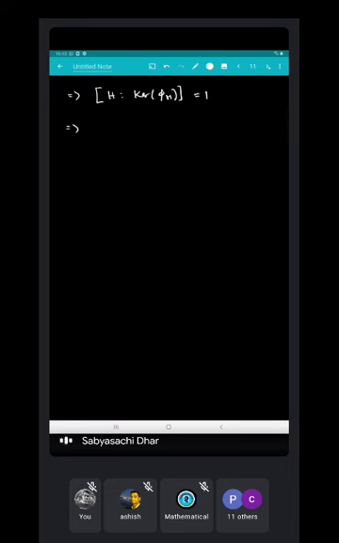So this implies that the kernel of phi_H is equal to H, and this implies that H is normal in G. So proved.